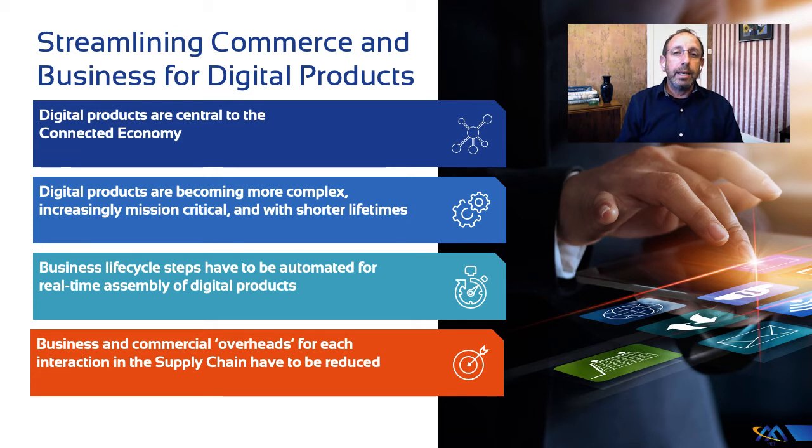And so for these digital products that don't necessarily last very long, have a short lifetime, but are complex, it's very important to automate the whole business life cycle around them, because if it takes a long time to create a digital product, then it becomes irrelevant for the enterprise end customer.